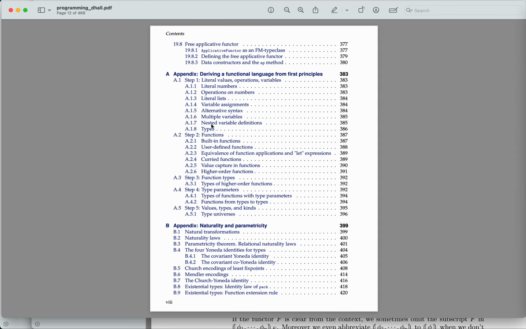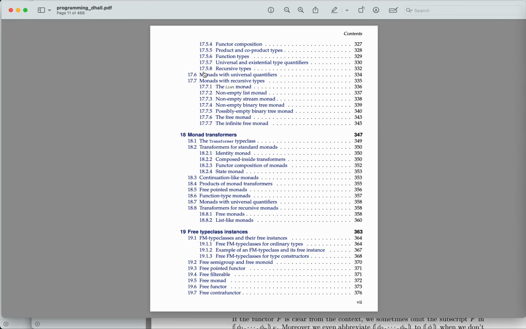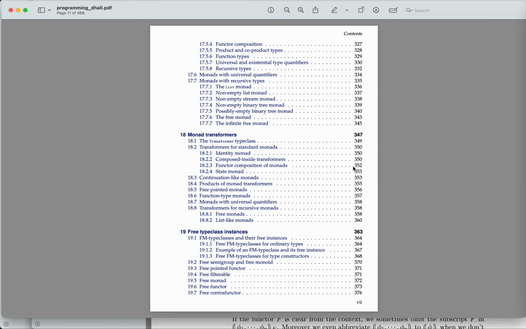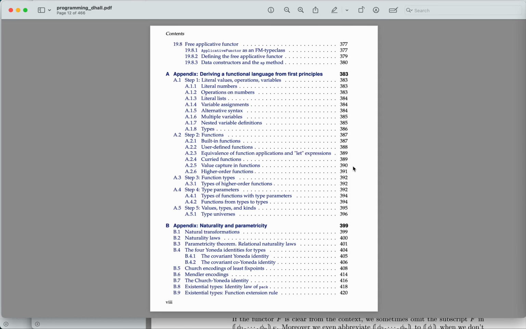So this actually occupies a large portion of the book, this kind of exploration. So there are some appendices that add some other interesting information that you might look at.